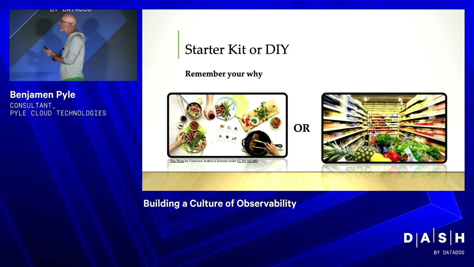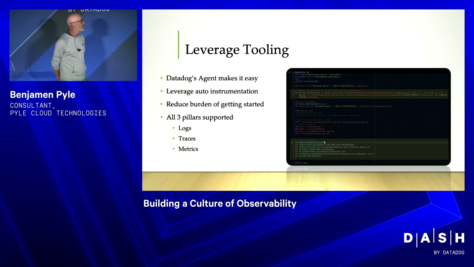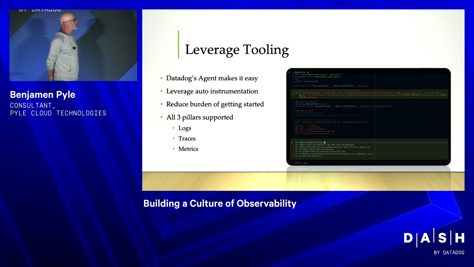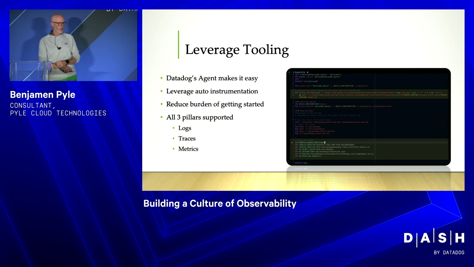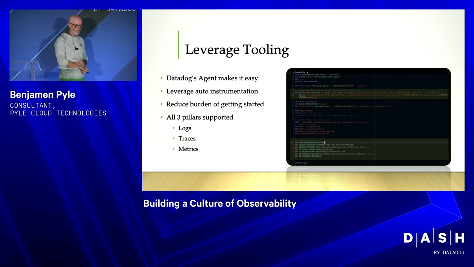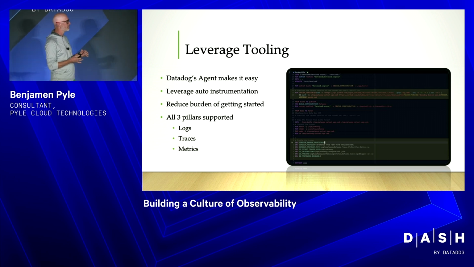You're probably wondering what in the world a grocery store has to do with instrumentation. Well, this does. Auto-instrumentation with the Datadog agent or a tool like Datadog makes getting started very simple. It was spoken about in the keynote a little bit this morning as well. I can leverage auto-instrumentation to get metrics, traces, logs, establishing all three pillars.